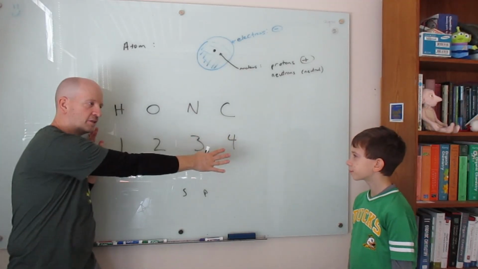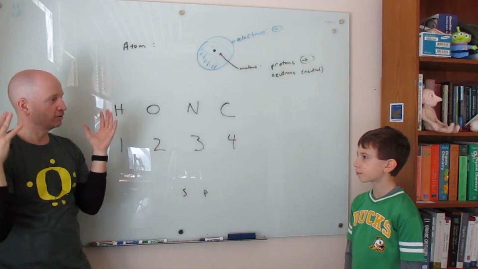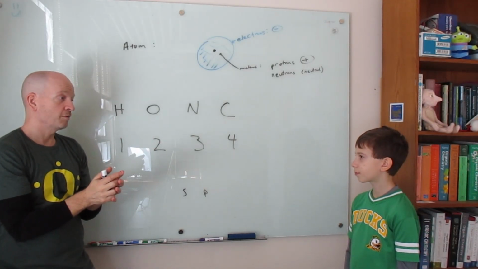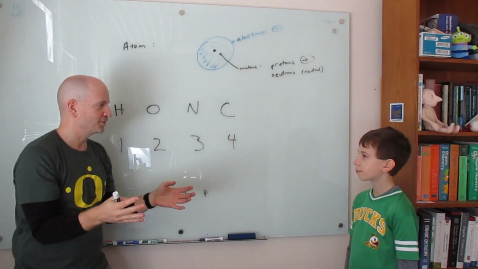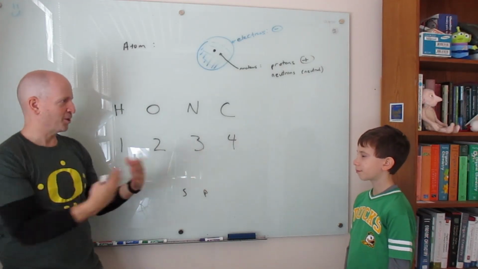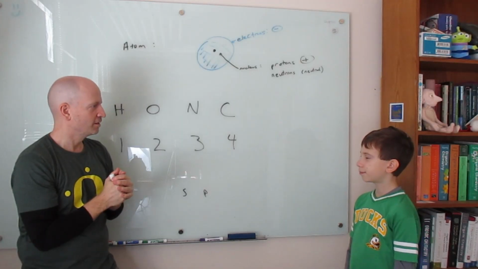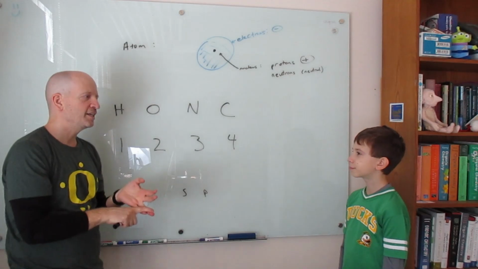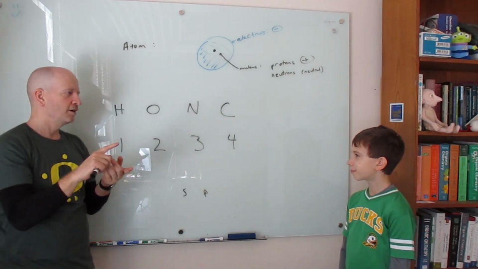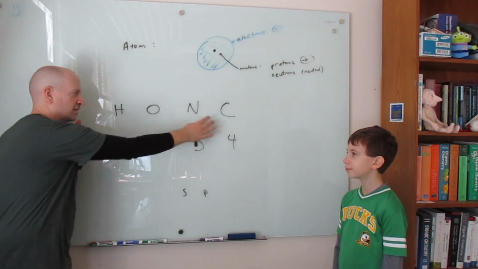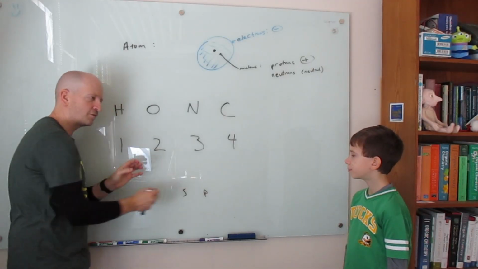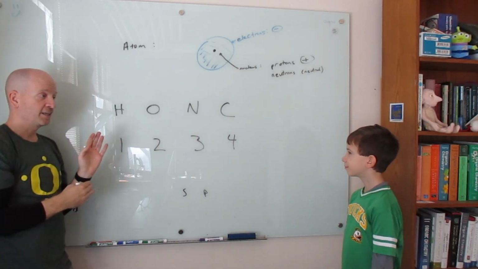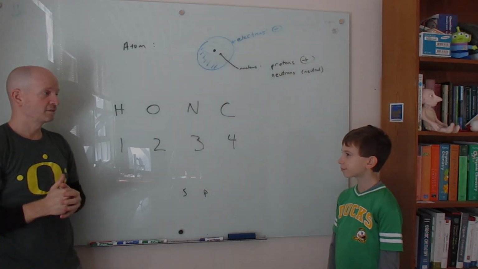And these 4 elements make up a large percentage of organic molecules, particularly if you're looking at biomolecules, molecules that make up you and me, like our lipids, our carbohydrates, our proteins, our nucleic acids, although in addition to those 4 elements, there's a little bit of sulfur and phosphorus, which we can mention later. But we can learn a lot just by looking at the bonding in these 4 elements.